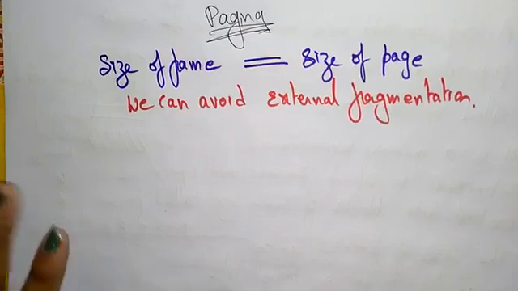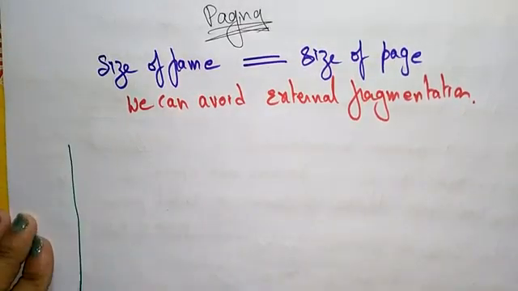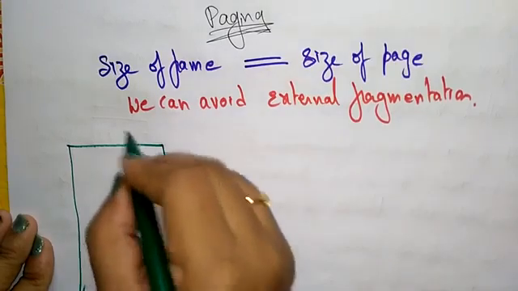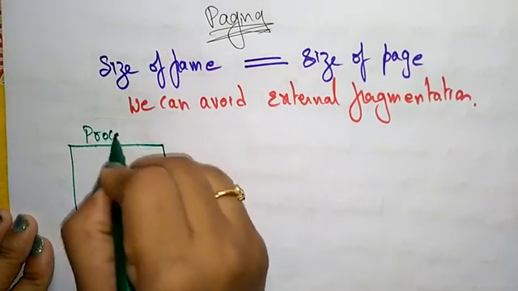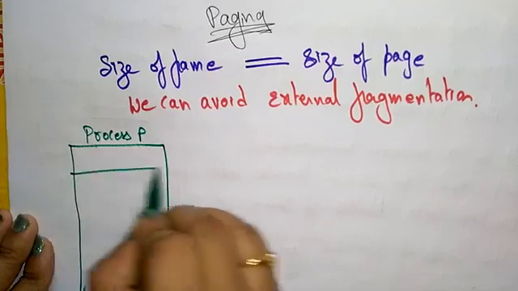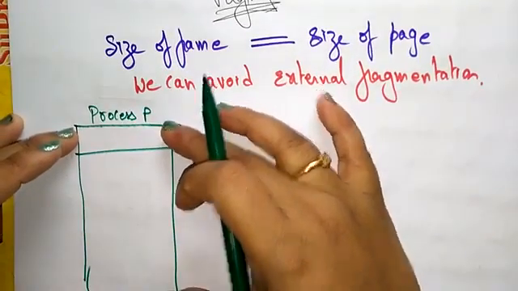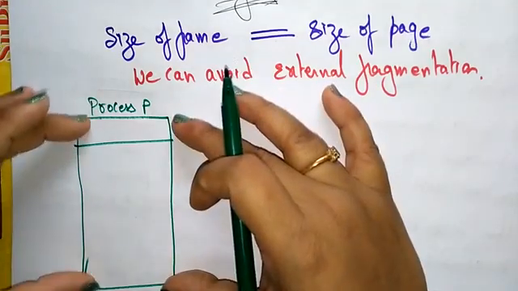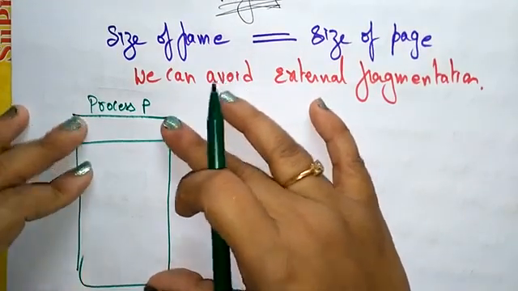Let me take one example here. Let us take this process P. This is one complete process which is present in the main memory. Just take it as a logical memory.